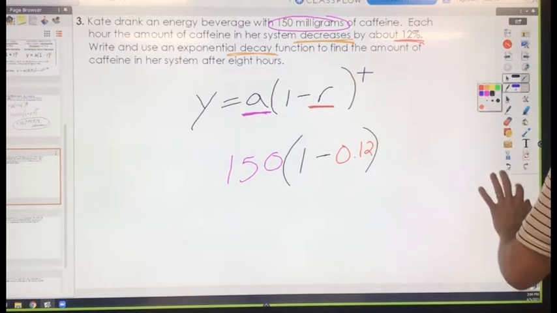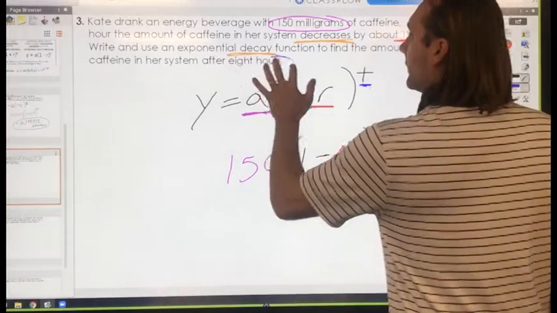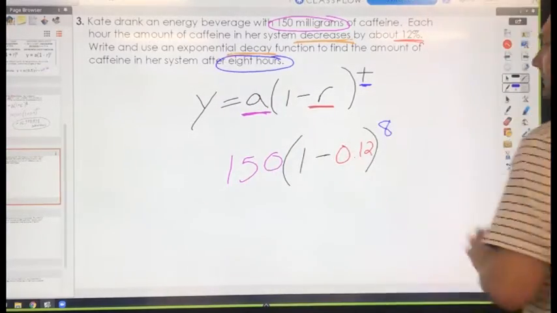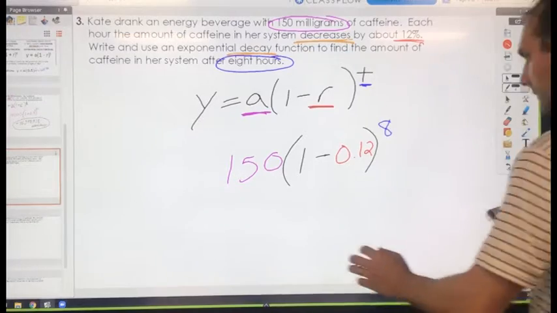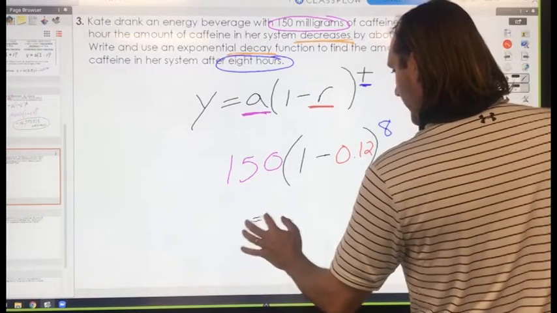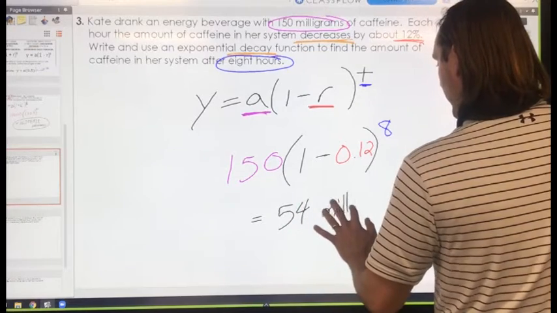And how much time am I calculating for? 8 hours. Right there. So now, I just plug that in my calculator. And I get roughly about 54 milligrams of caffeine.